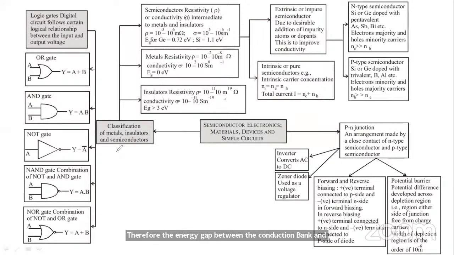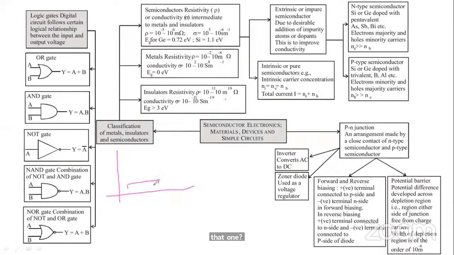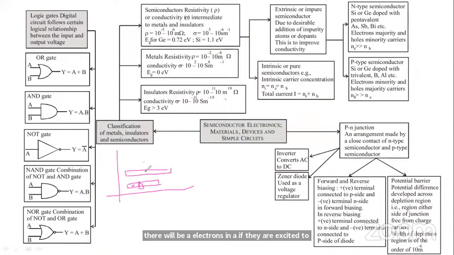What is the conduction band and valence band? To know that, you need to know the band theory. When electrons are in the ground state, they are in the valence band. If they are excited, they are in the conduction band. Clear, students? If I consider one energy level, that is an energy level.